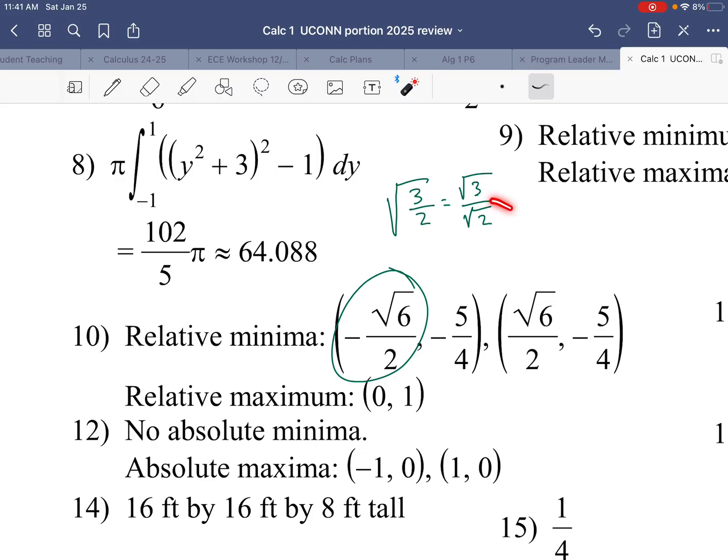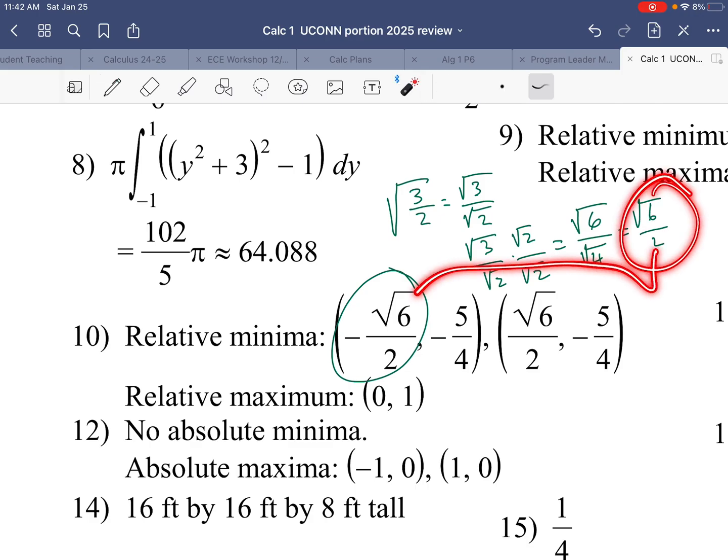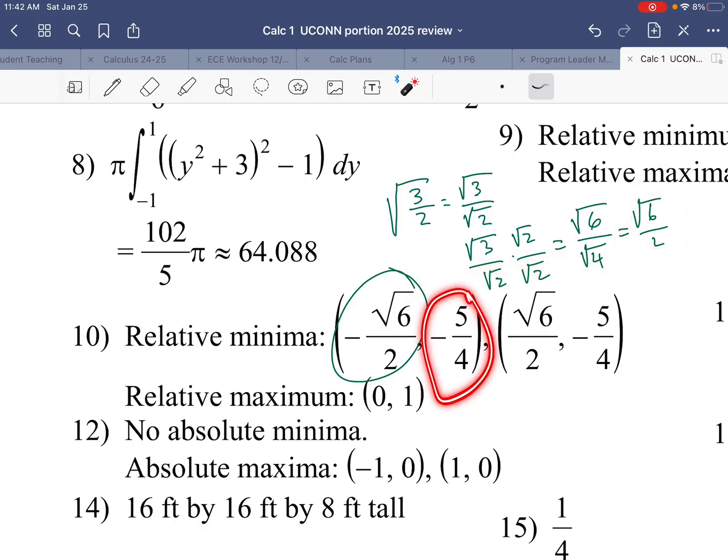We don't want to have the radical in the denominator, so I can multiply the square root of 3 over the square root of 2 times the square root of 2 over the square root of 2. When we multiply, we can write this like it's the square root of 6 over the square root of 4, or the square root of 6 over 2. So we're talking about the same number, we're just representing it in a different way, and then they get this value by inputting it into the function.